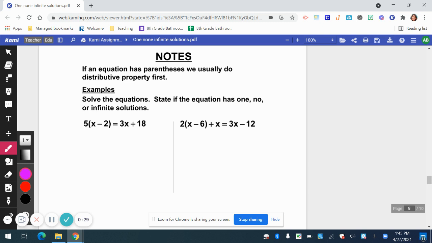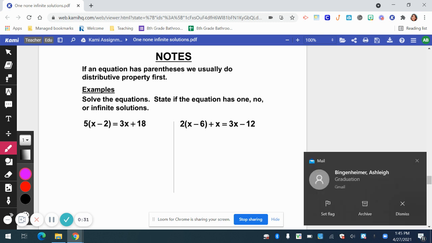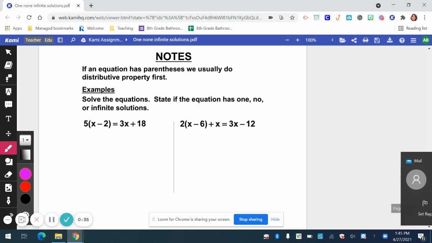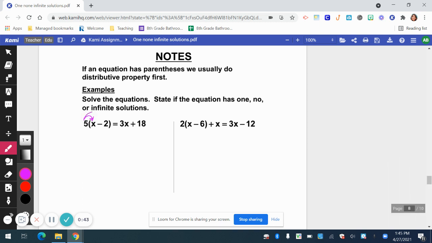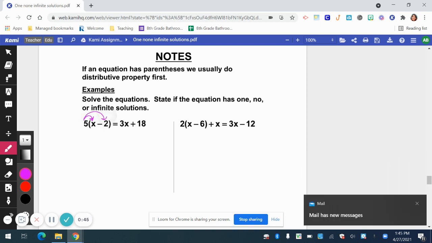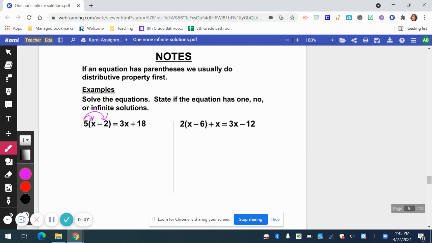So you have to distribute the number that is next to the parentheses to the terms that are inside the parentheses. So your 5 would need to go to your x, and it would need to go to your -2.